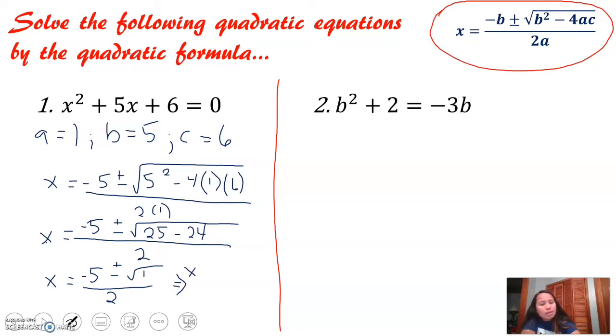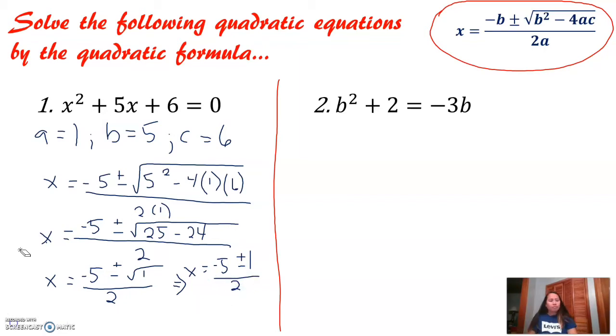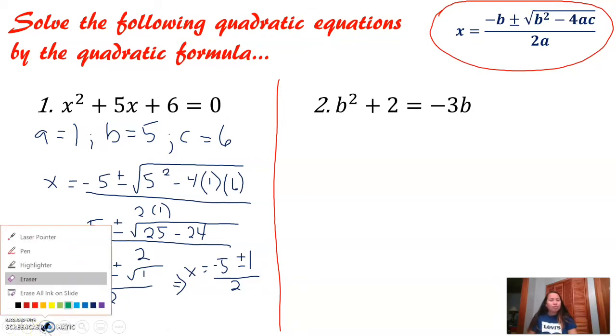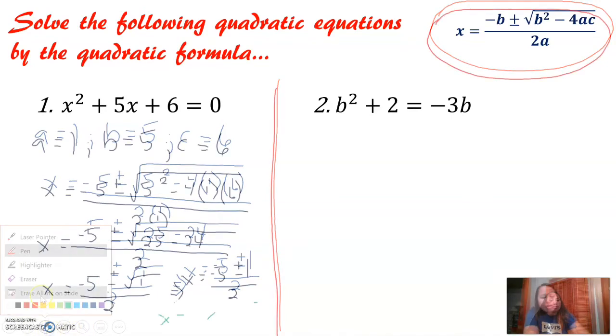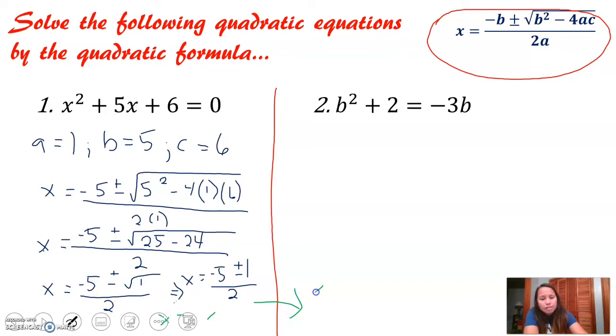I'll just put here x equals -5 plus minus 1. So I just got rid of the square root of 1, which is basically 1, over 2. Now the last step that we need to do is to solve for x. So x equals -5 plus 1 is -4 over 2.